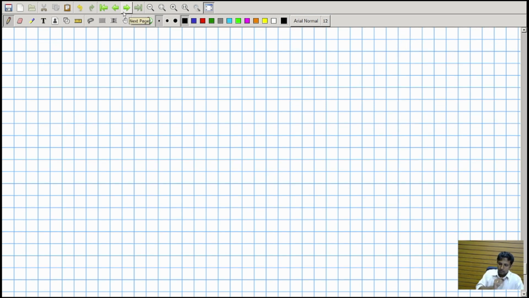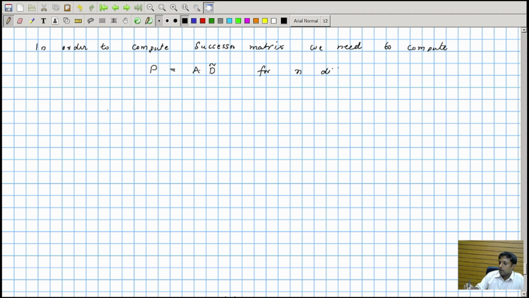Okay, so let's see where we are at the moment. In order to compute the successor matrix, we need to compute P equals A times d tilde for n different d tildes.